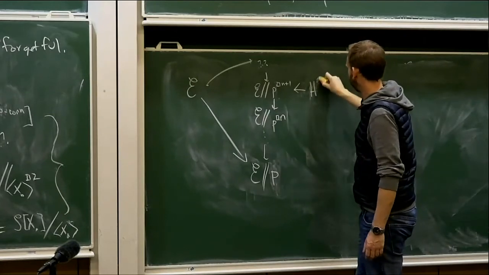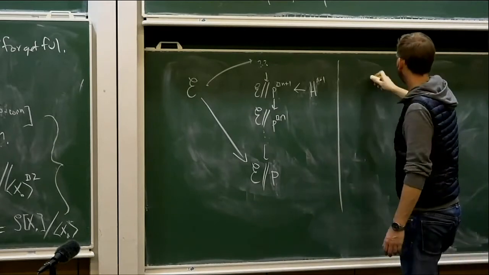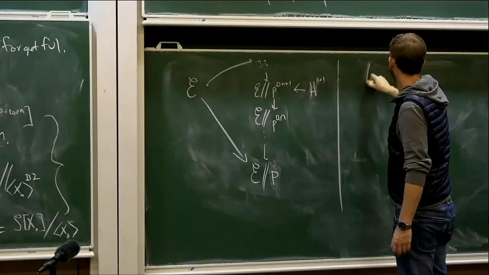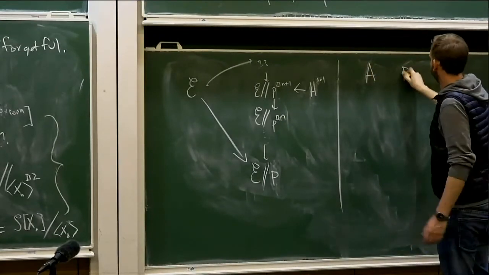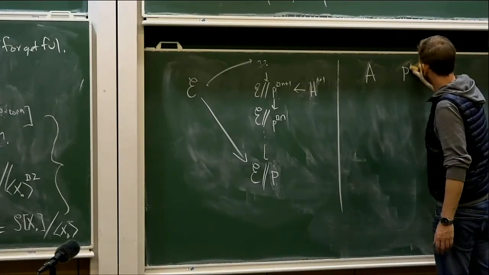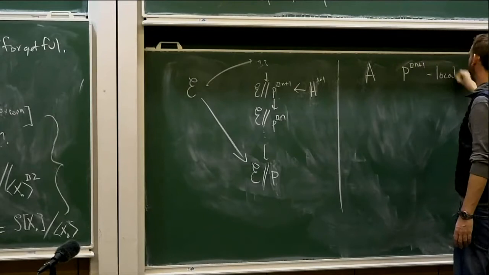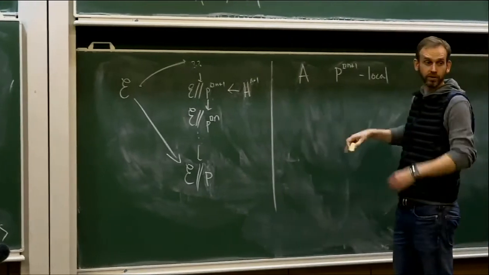So what does this mean? This means thinking about objects. A is maybe not a good word, but well, A is good. I want to think about objects that are P box n plus 1 global. Remember, I have P, my original Lex modality, and now I can think about the local types for its nth power.